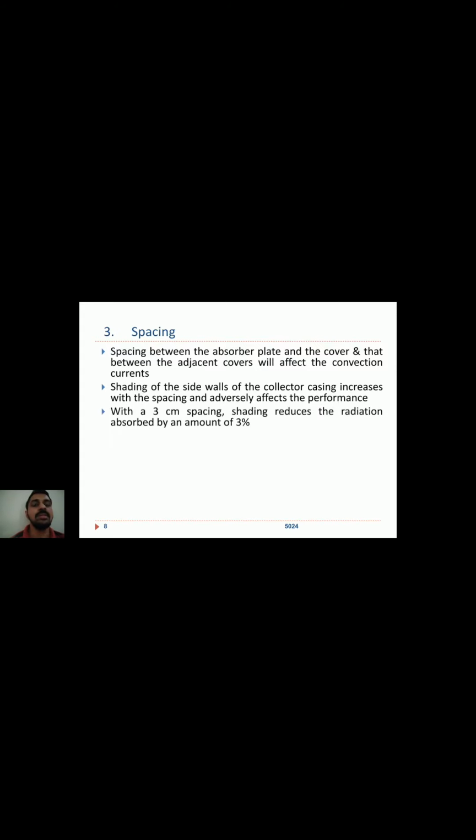So with a 3 centimeter spacing, which is an optimum one, shading reduces the radiation absorbed by an amount of 3% only. If you allow a 3 centimeter spacing between the glass and the absorber plate, the absorbed radiation will get reduced by 3%. So the gain obtained by increase in spacing is offset by the reduction in radiation absorbed.